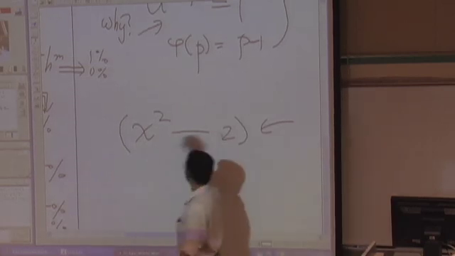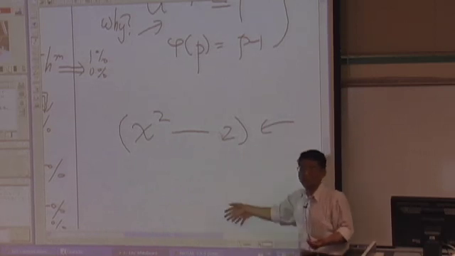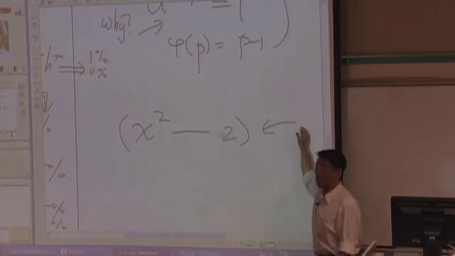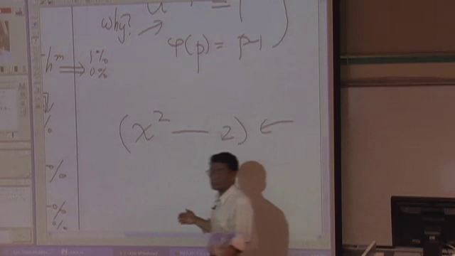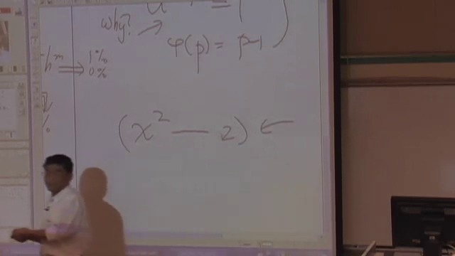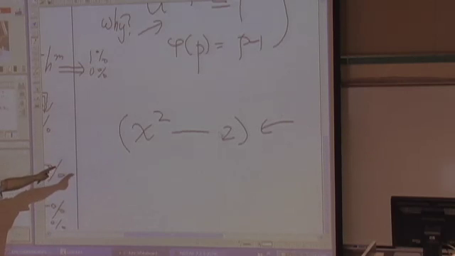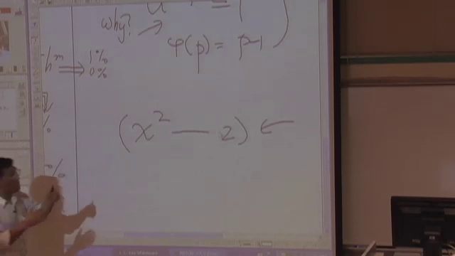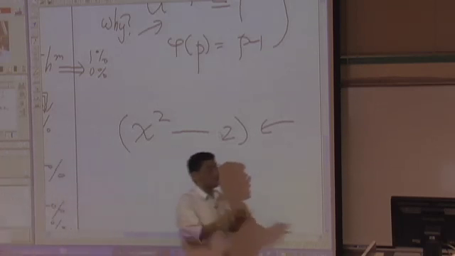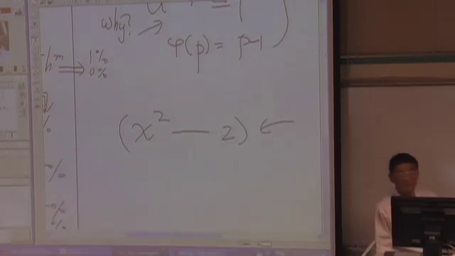Some student used some fact in algebra to prove it, but that algebra part already assumed that this is irrational. So it is not acceptable. I didn't give any point. The statement was correct, but it was not a proof. Do you understand what I mean? So even if your statement is correct, you may get 0 point because of this.